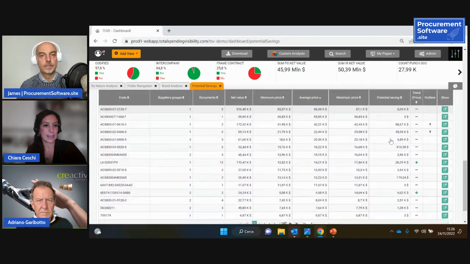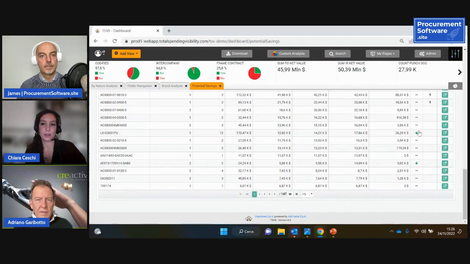In this case, the main aggregation is the normalized code, of course, because in the main description, the code can also be written in different ways. So it's extracted as information and normalized in separate fields. And we can see the potential savings for all of these codes.